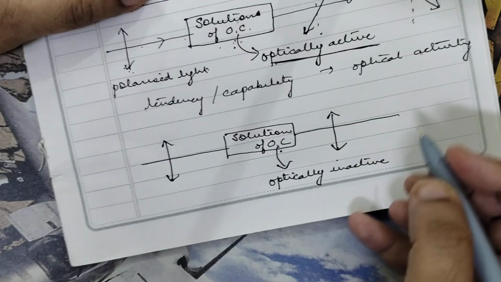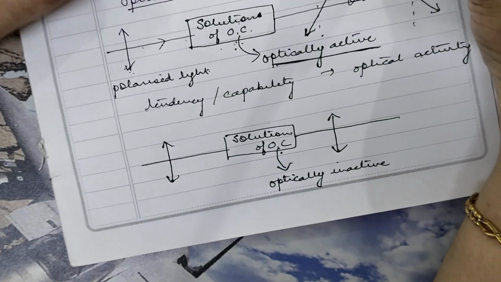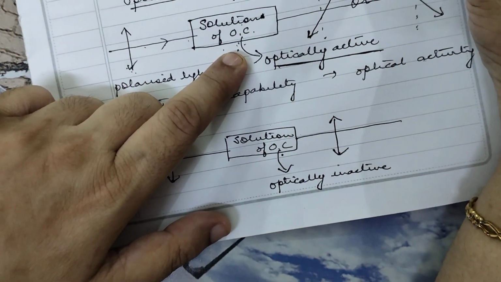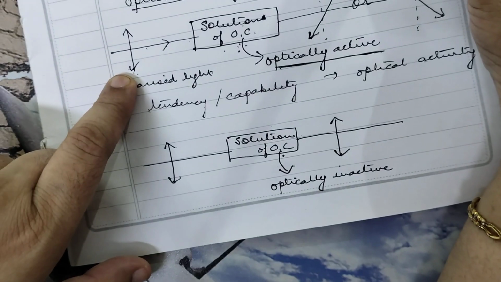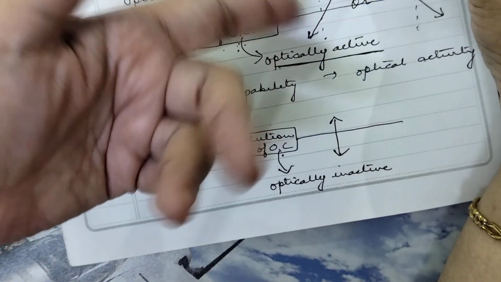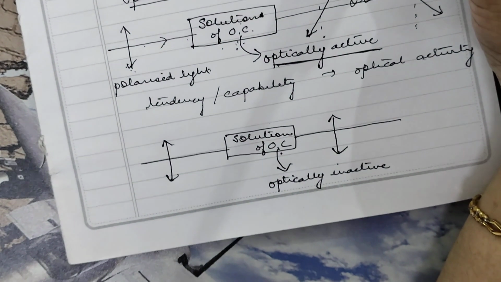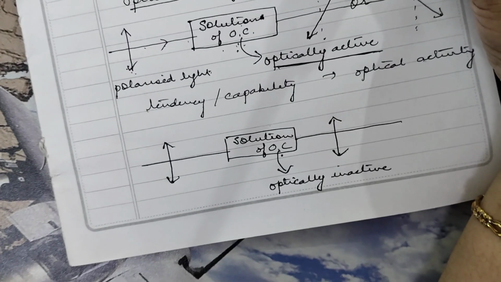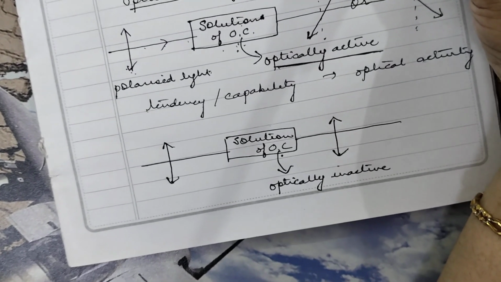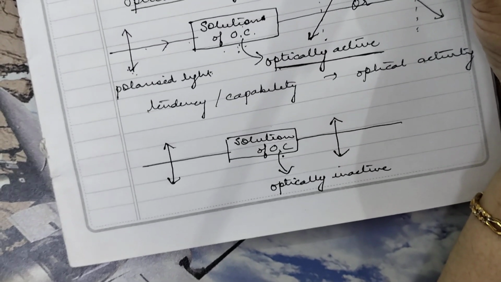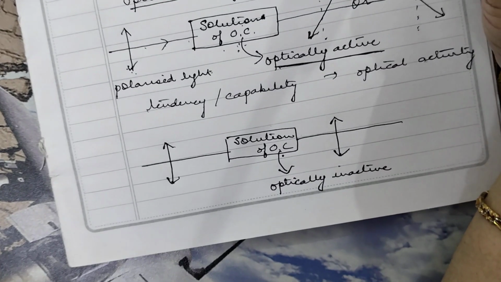This is very simple to understand. If the organic compound has a capability of rotating the plane either towards the right hand side or towards the left hand side, we call it optically active, and this phenomenon or capability is called optical activity.